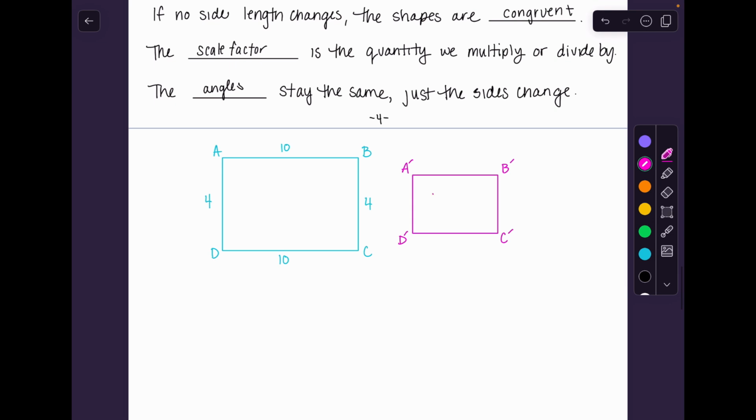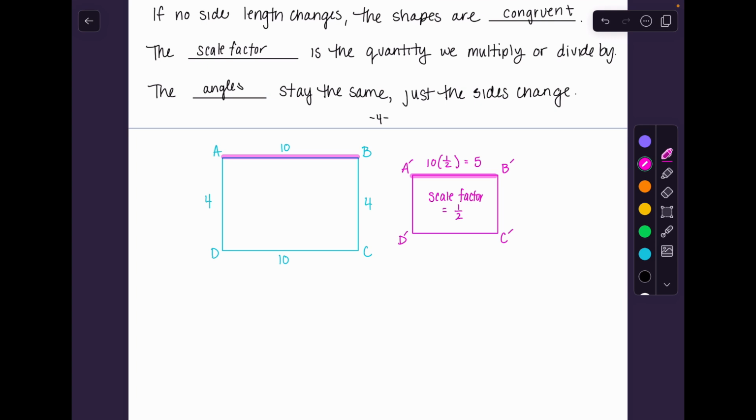So I'm going to show you with a scale factor of 1/2. To get this side here, I'm going to take the corresponding side and multiply it by that scale factor of 1/2. So I take the side length and I times it by 1/2, which is the same as dividing it by 2.